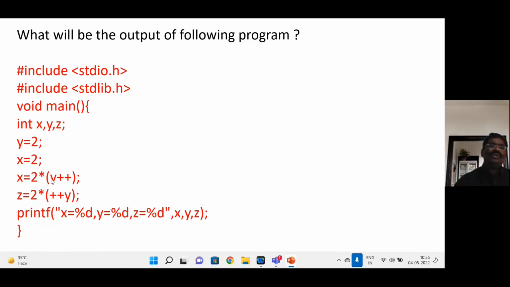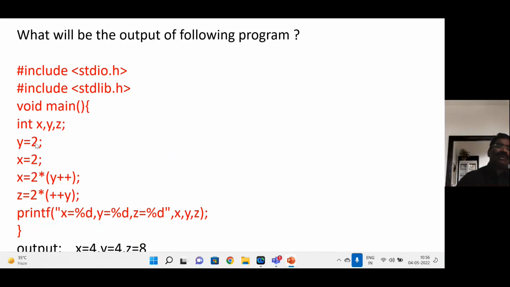Then x = 2 * y++ and z = 2 * ++y. Even if you use braces, we will take the same procedure, a pre-increment and a post-increment. First, the post-increment is performed. So then here x = 4, y = 4, and z = 8.